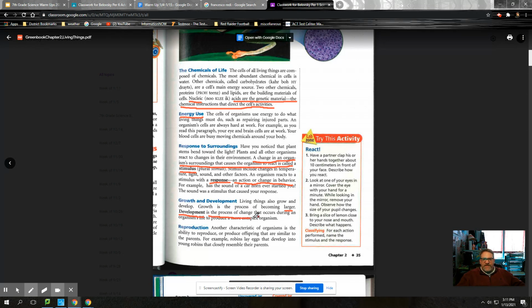Development is the process of change that occurs during an organism's life to produce a more complex organism. Man, I kind of got crooked right there. So I guess I need to try to erase that to make that look better for you. Development is the process of change that occurs during an organism's life to produce a more complex organism.